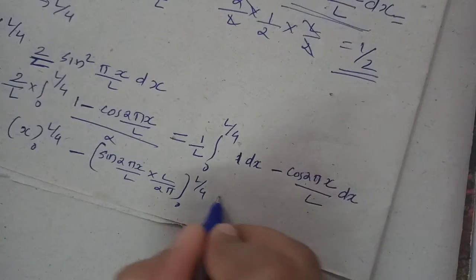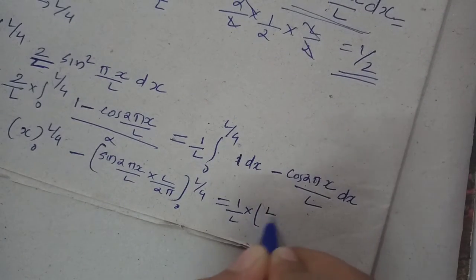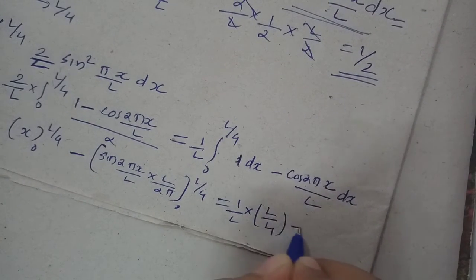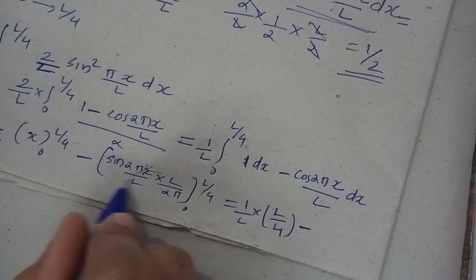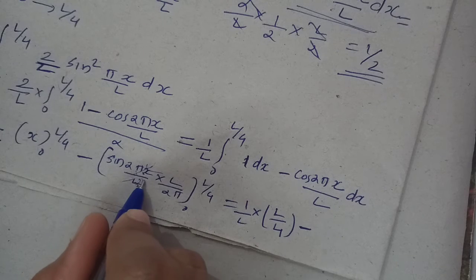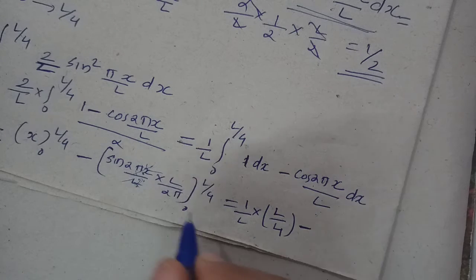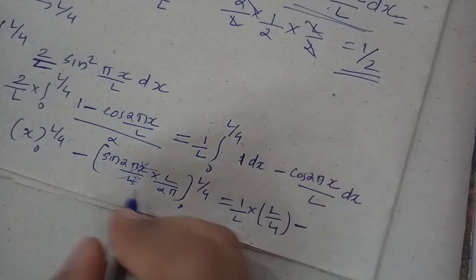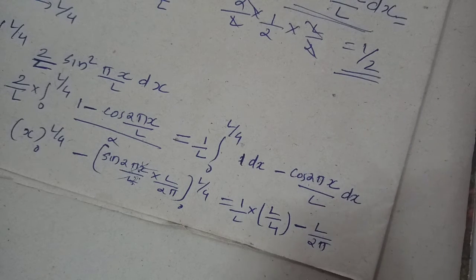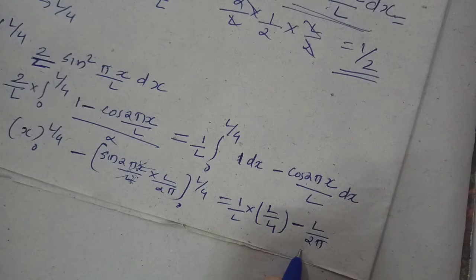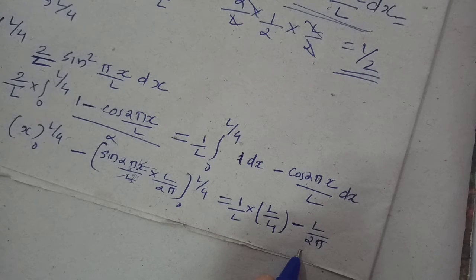This is 1 by L into L by 4 minus, sine of pi by 2, since L cancels, that is equal to 1, and sine 0 gives 0. So minus L by 2 pi. This is after putting the limits.